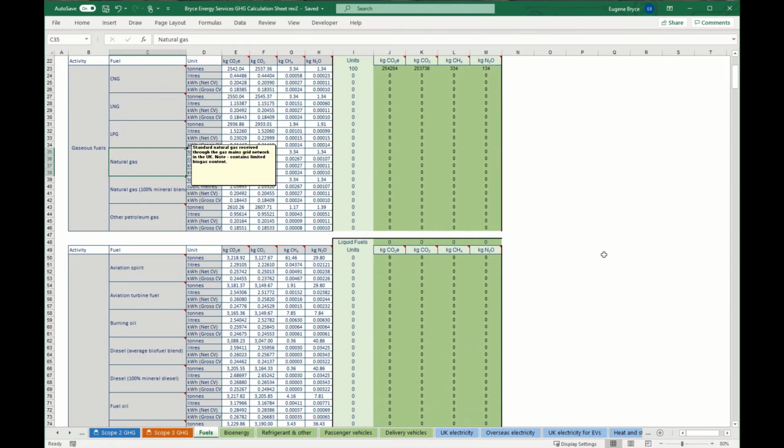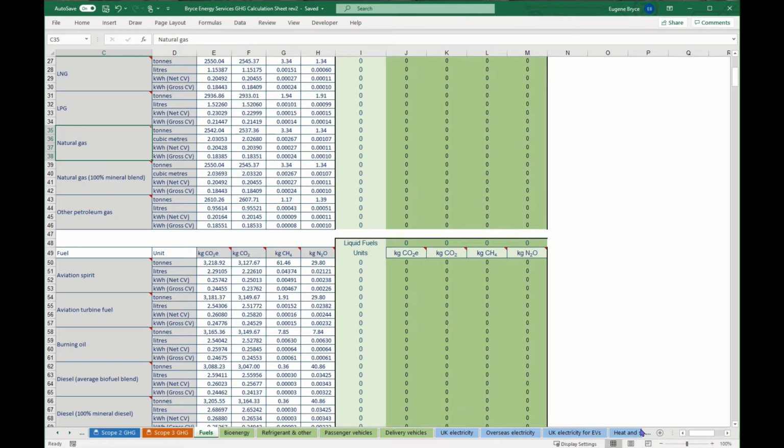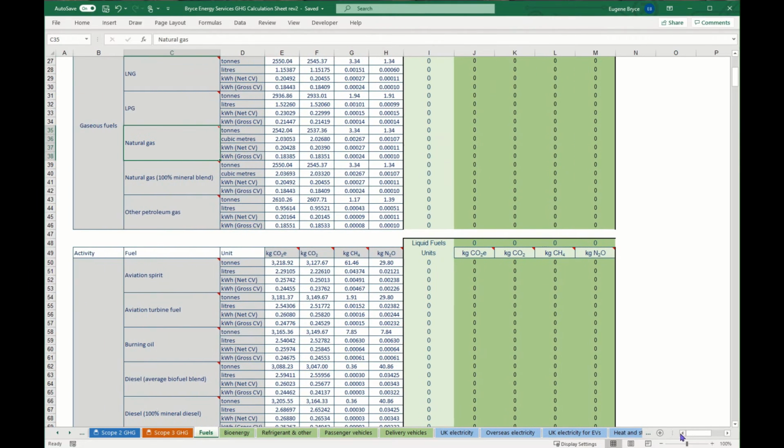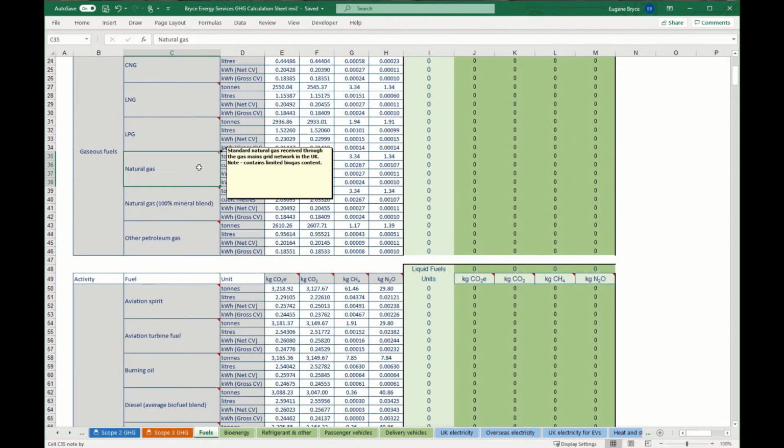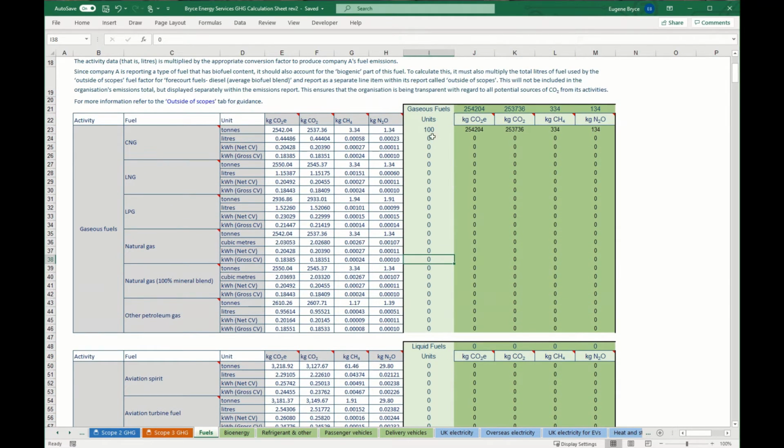Natural gas. And if we go back, we have kilowatt hours, and we'll be using the gross figure. If I highlight that, I left a figure in here, let's clear that just for completeness.